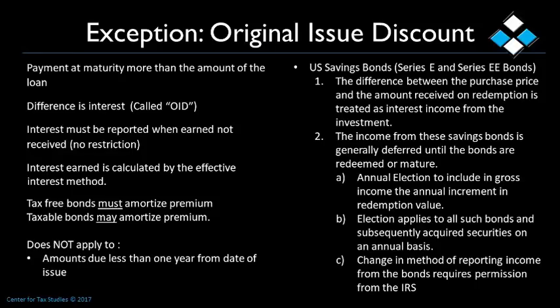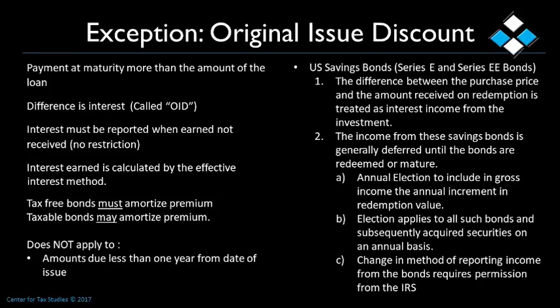The income from these savings bonds is generally deferred until the bonds are redeemed or mature. But there is an annual election that you can do to include in gross income the annual increment in redemption value. This election applies to all such bonds, and subsequently acquired securities on an annual basis.